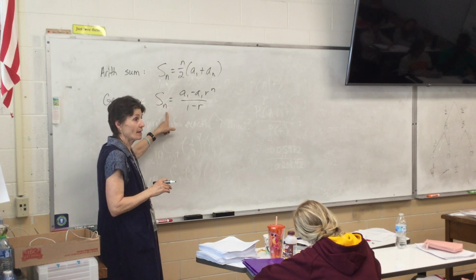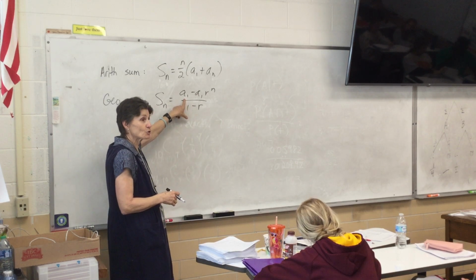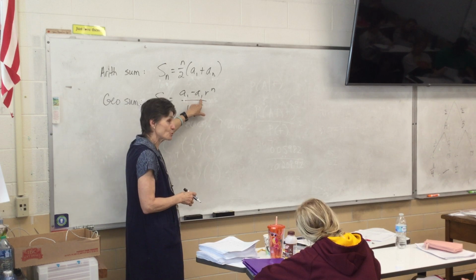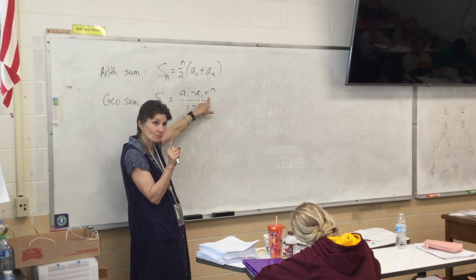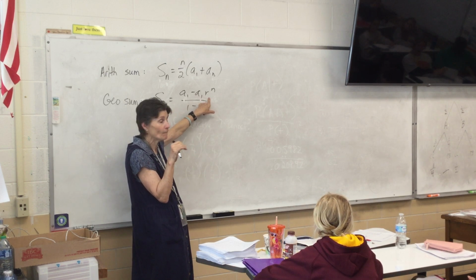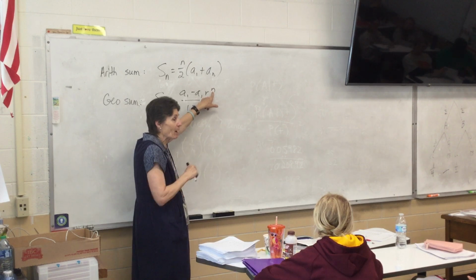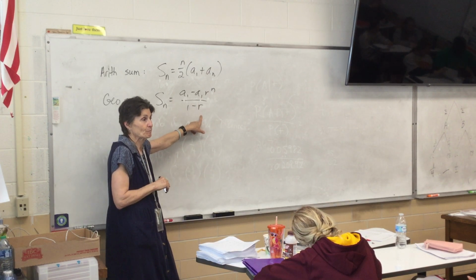So S sub n, if there were 10 terms that you were adding up, first term times one minus the ratio to the 10th power, or however many you're adding, over 1 minus the ratio. Remember, in a geometric sequence, we get from term to term by multiplying. That's called the ratio.